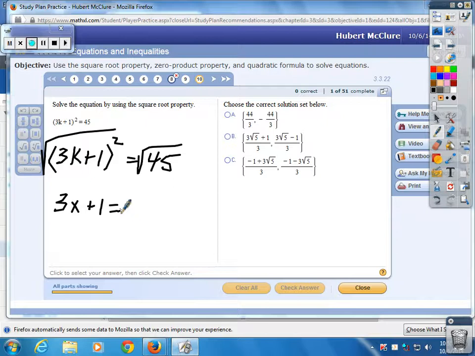So let's go ahead and leave it in radical form. But you can find a perfect square in 45, can't you? 9. So square root of 9, square root of 5, and 3x plus 1 is equal to 3 times the square root of 5. Now you've got it in radical form. And that's going to be plus 1, be minus 1.